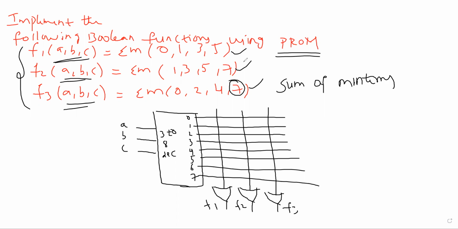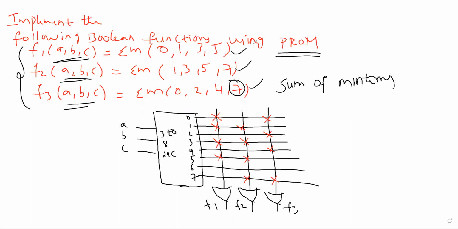Now I will give the fuse contacts here. It is 0, 1, 3, 5. Now the second one, what is that? 1, 3, 5 and 7. Now what is F3? 0, 2, 4 and finally it is 7.